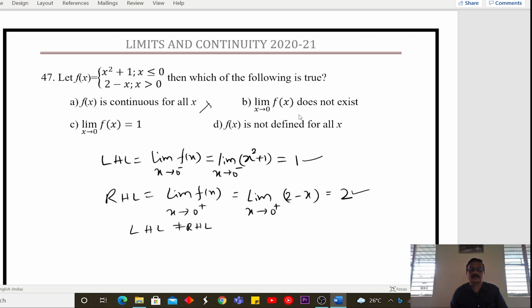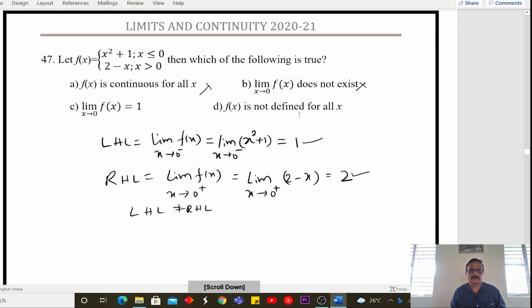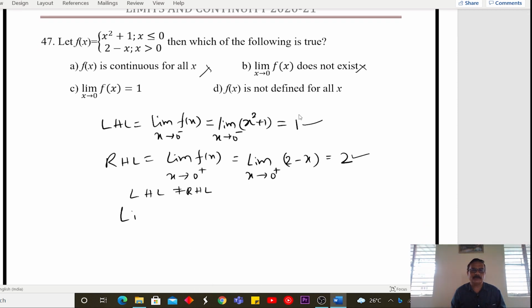Now option B says the limit of f of x as x tends to 0 does not exist. But it does exist, so option B is also not the right answer. Then go for option C. Let us see what we get for option C. To find the limit of f of x as x tends to 0, it is equal to f of 0.